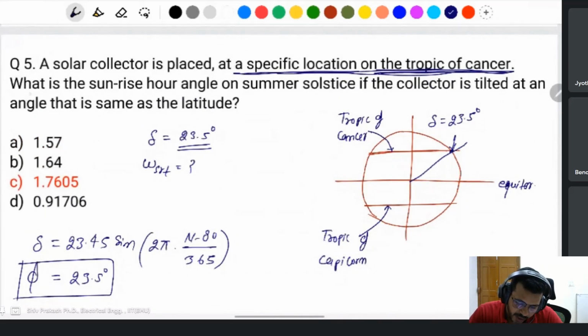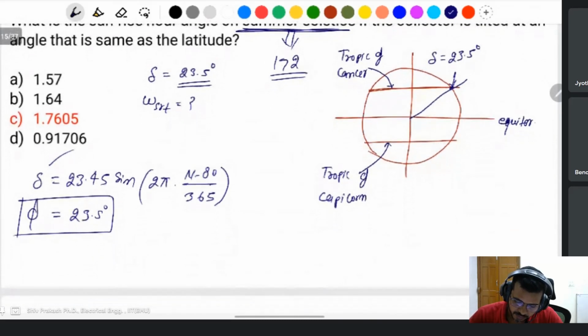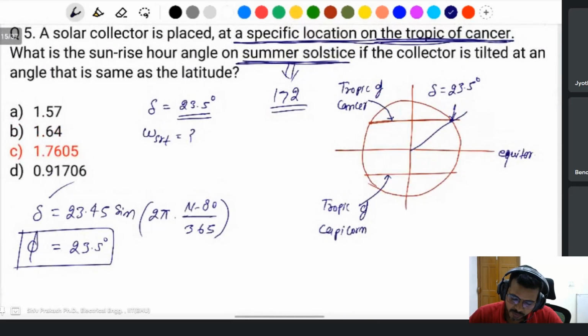The second thing given is the sunrise hour angle on the summer solstice. The number of days will be 172. By this you can calculate the angle of delta, the declination angle.